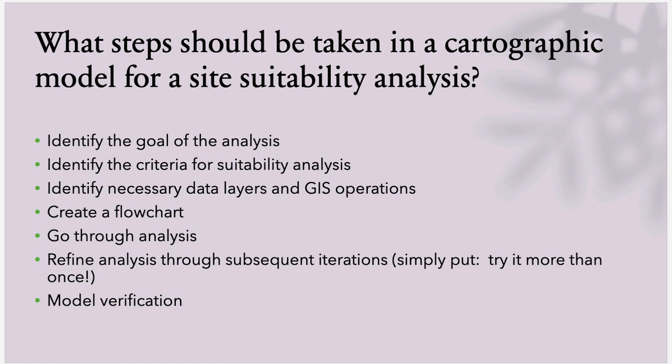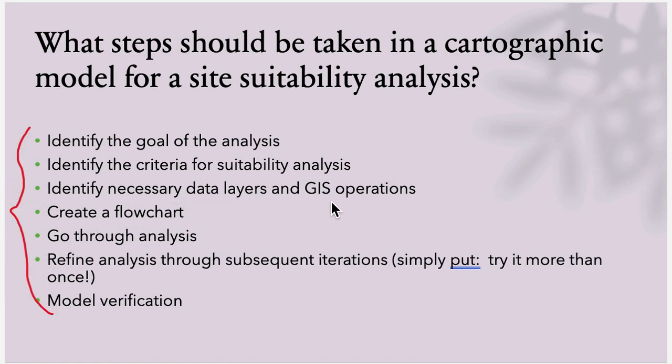So what steps should be taken in a cartographic model for a site suitability analysis? Well, you would first need to identify the goal of the analysis. Next, you want to identify the criteria for suitability analysis. You will be going through these steps in your lab assignment.